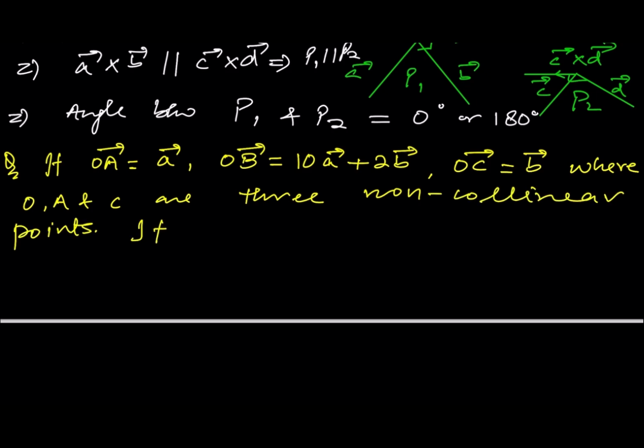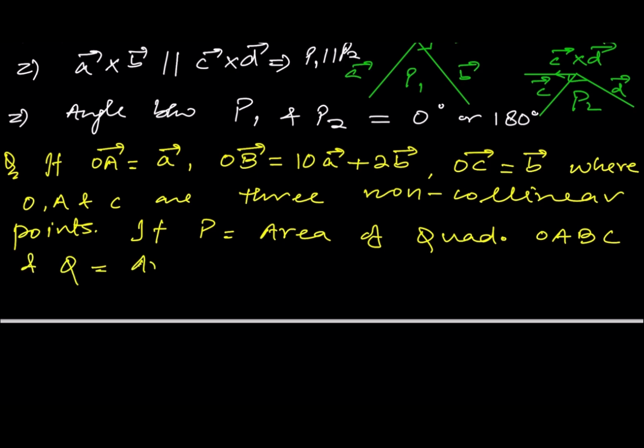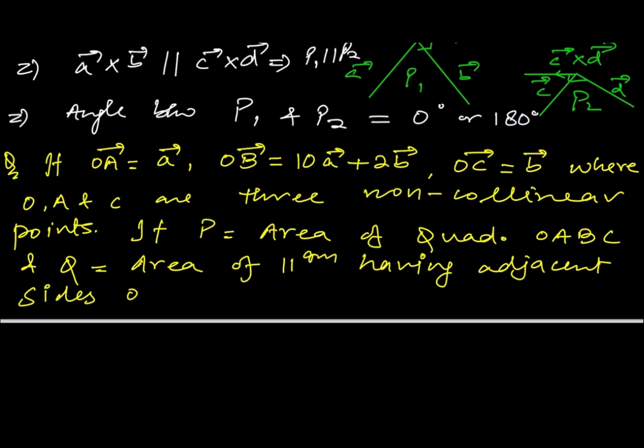Now if P is representing the area of quadrilateral OABC and Q is representing the area of the parallelogram having adjacent sides OA and OC, find P by Q.